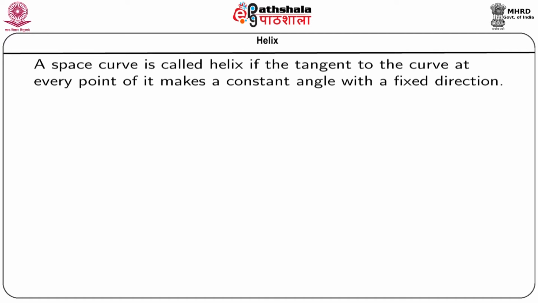Now, we come to a new type of curve, that is called helix, and a space curve is called helix if the tangent to the curve at every point of it makes a constant angle with a fixed direction.